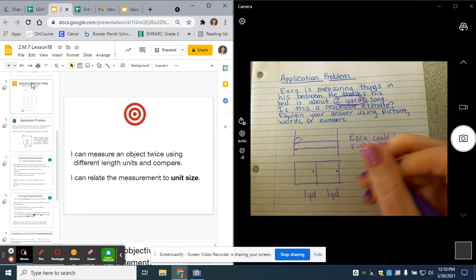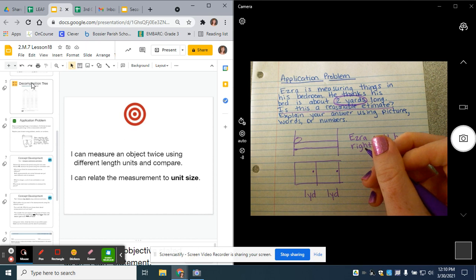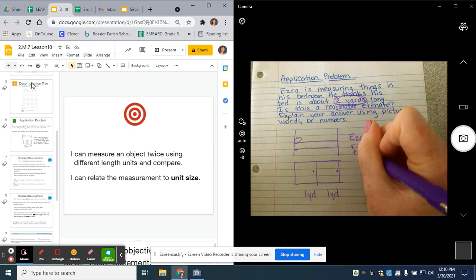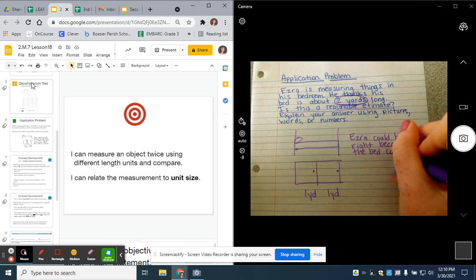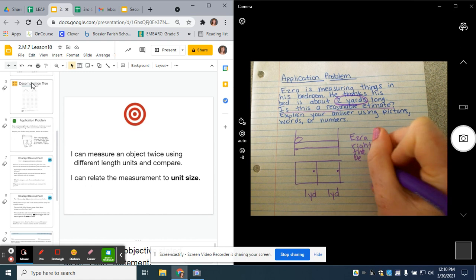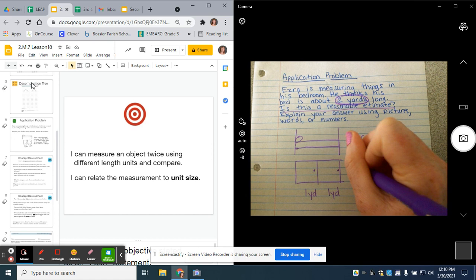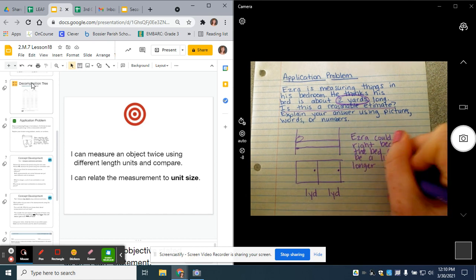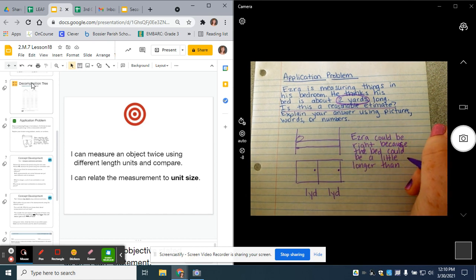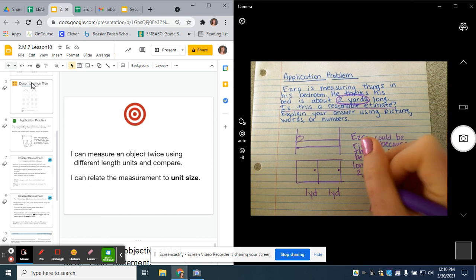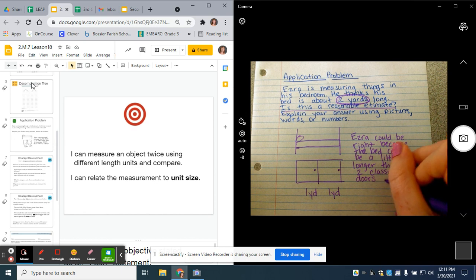Because the bed could be a little longer than 2 classroom doors, and that is 2 yards.